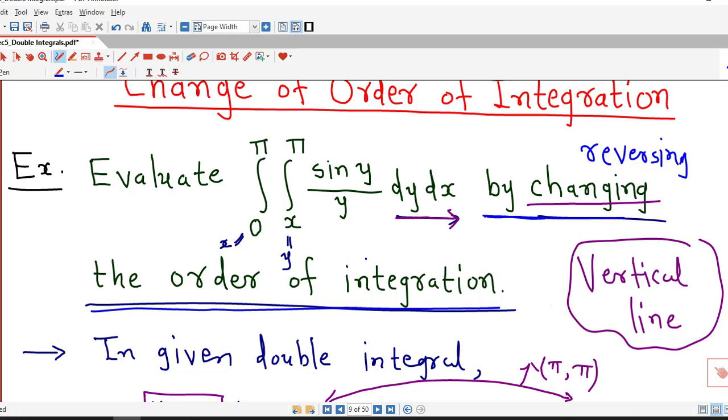So if it is written in your question that you have to evaluate the double integral by reversing or by changing the order of integration, then you must change the order of integration, and then you have to integrate with respect to that new order of integration.